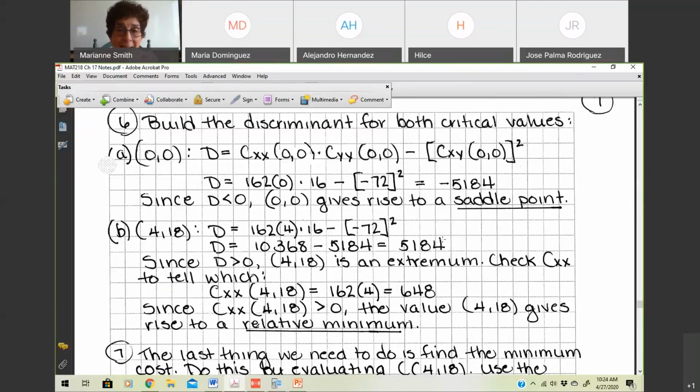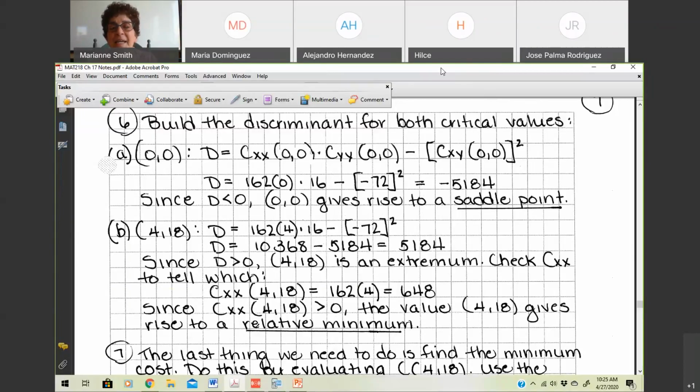That means I have a maximum or a minimum. And again, if you look at F sub XX evaluated at my critical value, again, I'm plugging in the 4, it's a positive number, okay? So if I have F sub XX being positive, that means my function's concave up, and that means I have a relative minimum, okay?